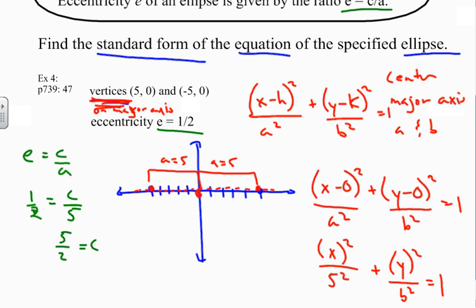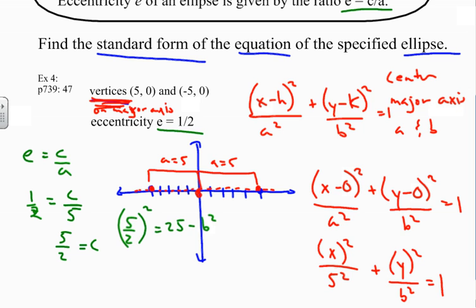Now, we did that because we need to figure out b. b is the length from the center to the minor axis, or the minor arc. We know a, and now we know c, so we can find b. So 5 halves squared equals a squared, which is 25, minus b squared.